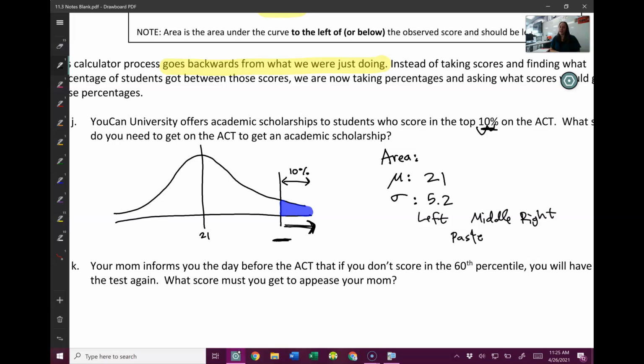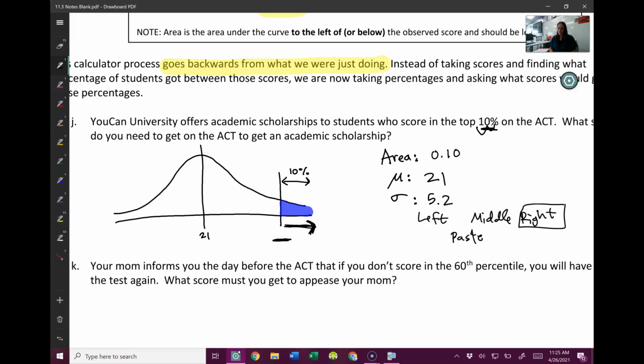You're just going to have to type it in differently. If you have a newer calculator, this is easier. All you have to say is my area is 10%. Turn that into a decimal by moving to the left twice, 0.1. And I want the area to the right of that 0.1 because that's the right side of the normal curve right over here. So you're going to select right, do paste and enter it all in, and it'll give you an answer.